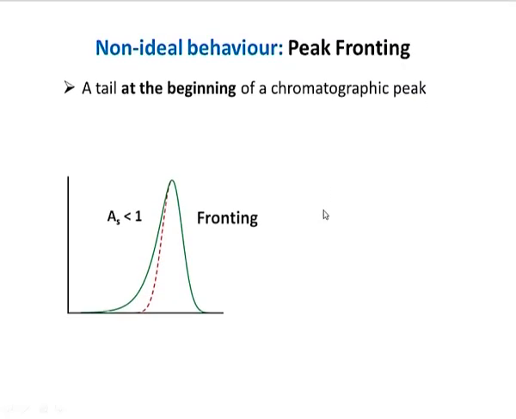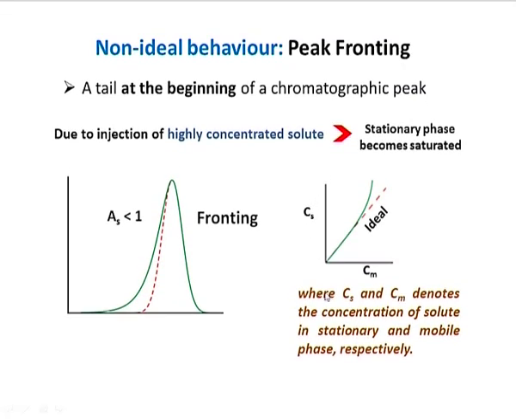With a peak having fronting, if you draw the same graph between Cs and Cm, you would notice that after some time this linearity is disturbed and it goes off towards the Cs side. What does that mean?